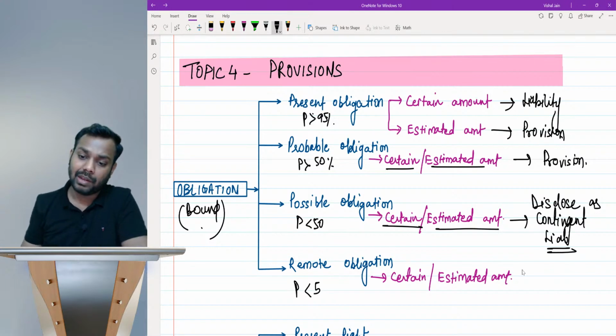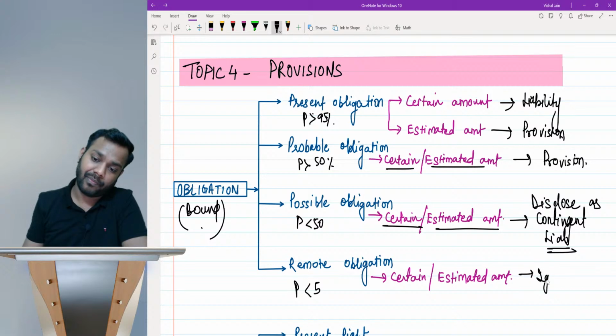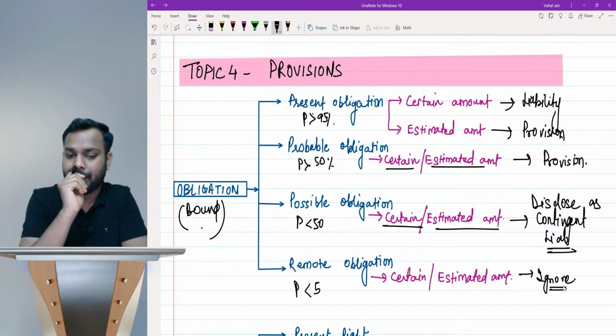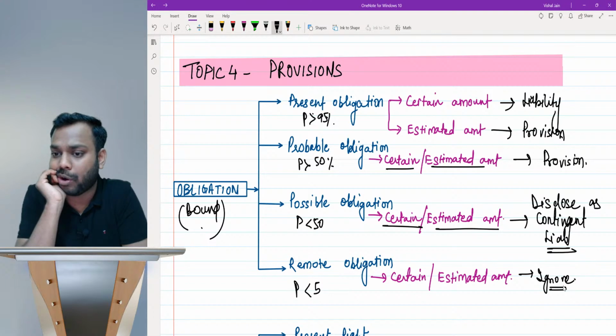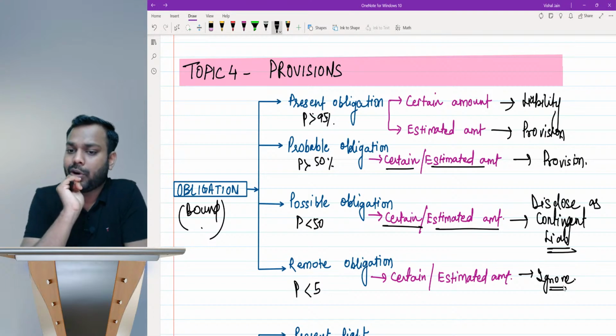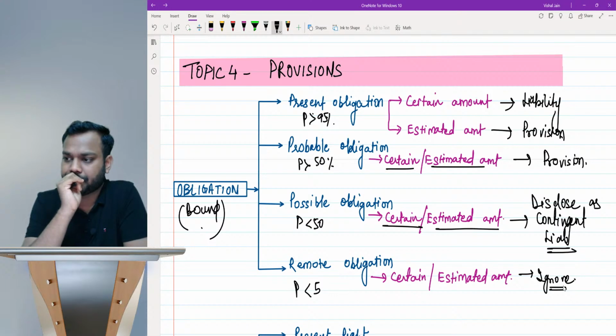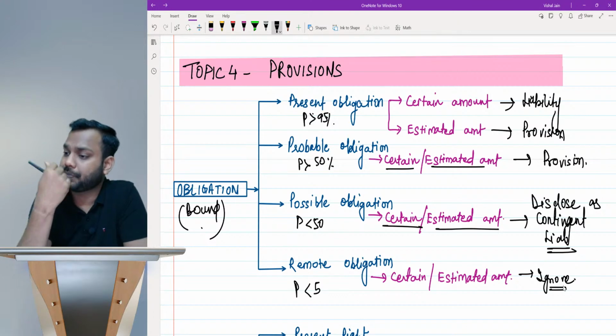In that case, we ignore it. Is that clear, guys? In what case do we recognize a provision? Is the meaning of provision clear to all of you?